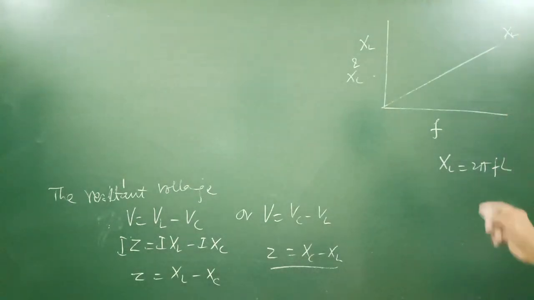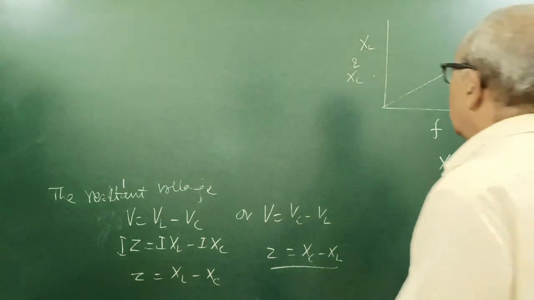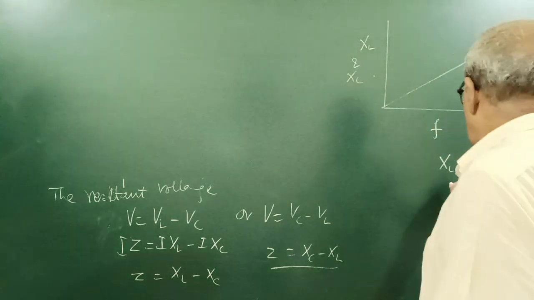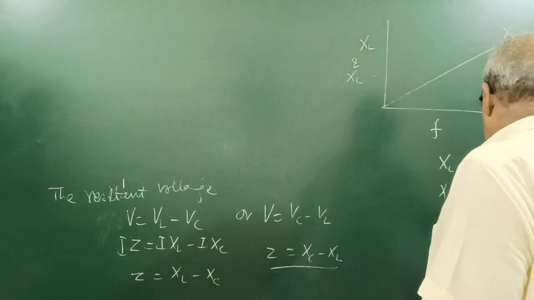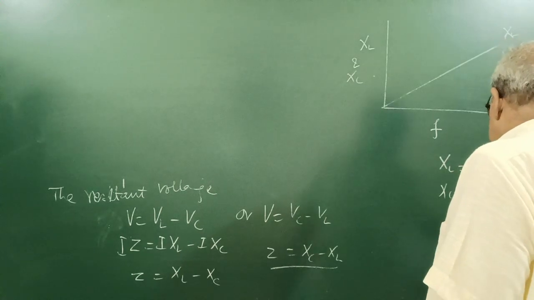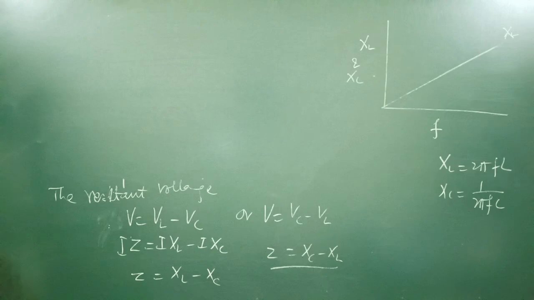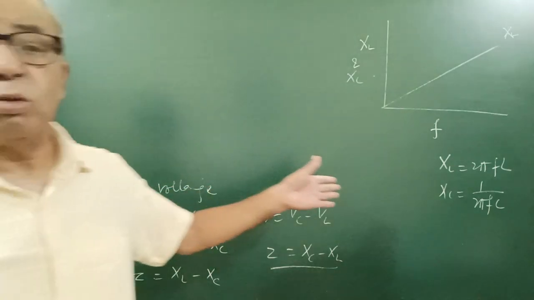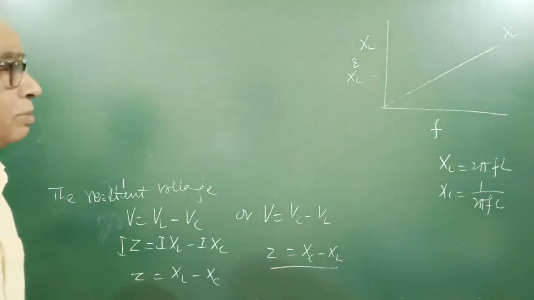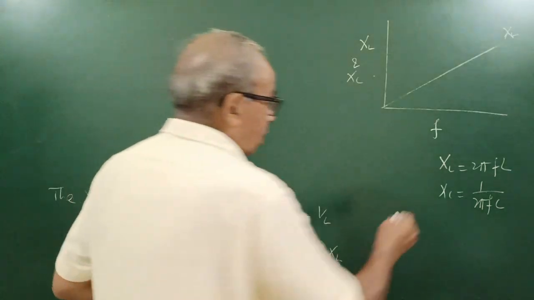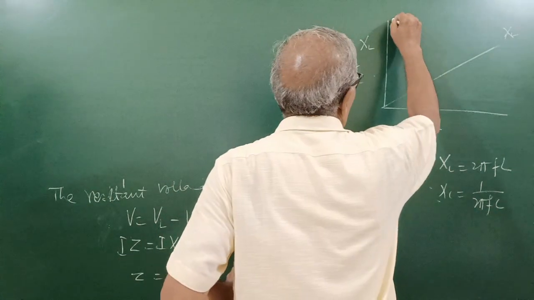When we increase frequency, XL will increase. Is that clear? Or XC equals 1 upon 2 pi FC. I am writing the equations again and again so that you should learn them here only. Then the graph of these two will be like this.